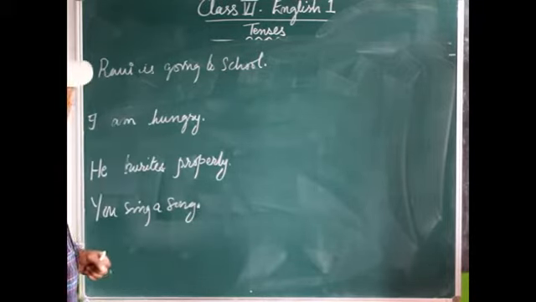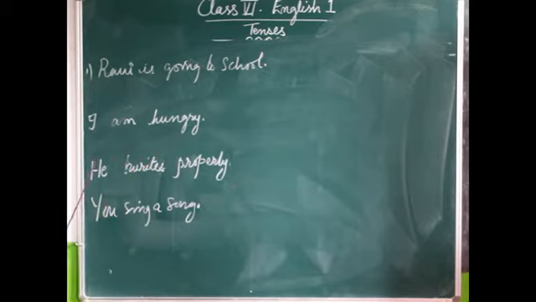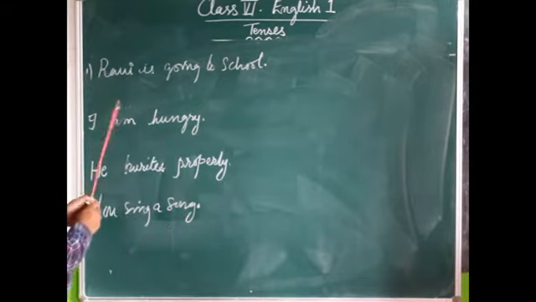Okay, first let us read. Ravi is going to school. I am hungry. He writes properly. You sing a song. Now, identify in which form is this.